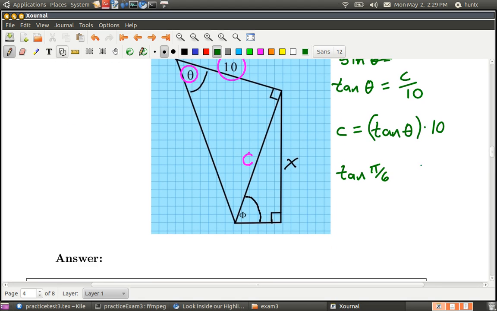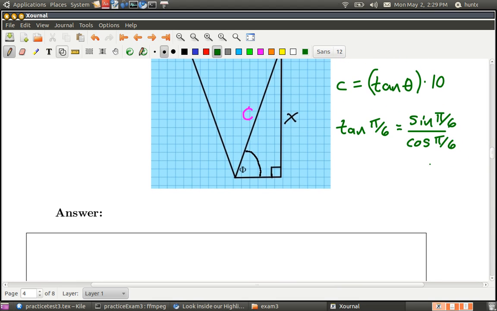So this is sine of pi over 6 divided by cosine of pi over 6. You just need to know what those two numbers are. Sine of pi over 6 is 1/2, and cosine of pi over 6 is the square root of 3 over 2. Multiply top and bottom by 2 and you get 1 over the square root of 3.